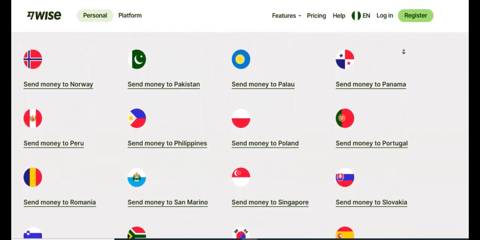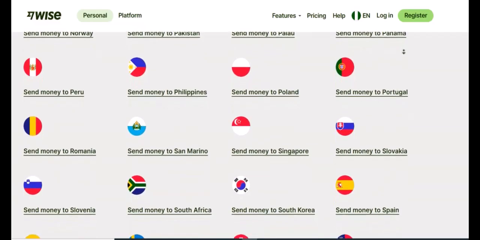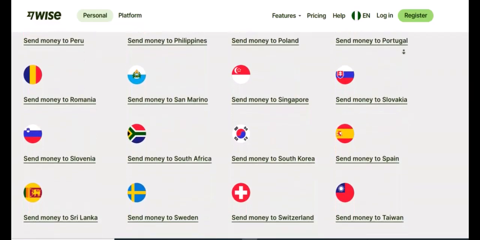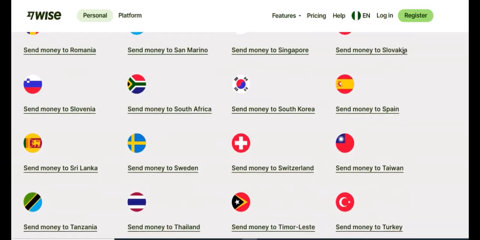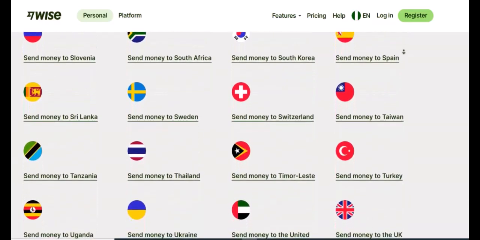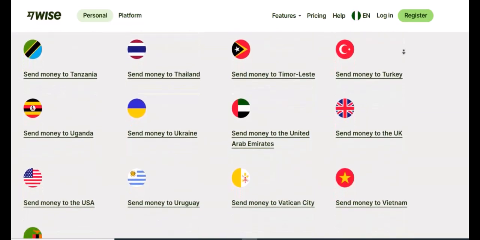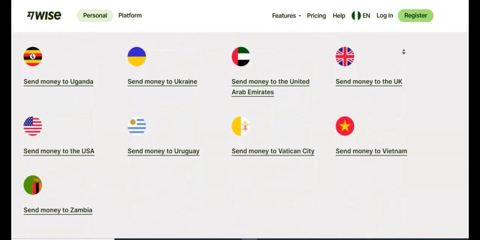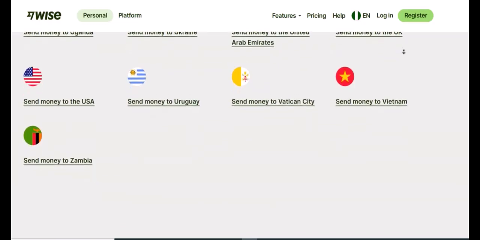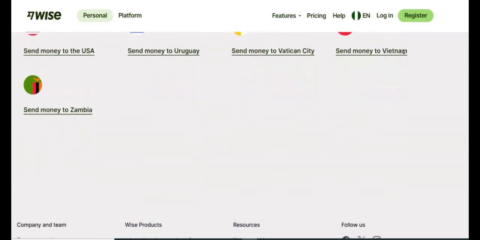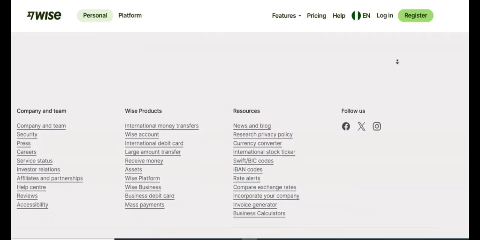Check writing: Wise doesn't issue physical checks for bill payments. Complex payment options: traditional banks might offer more advanced payment options like paying by phone with an automated system for certain billers. Integration with all billing systems: while Wise connects with accounting software, it doesn't directly interface with every biller's payment portal in the same way a local bank might.